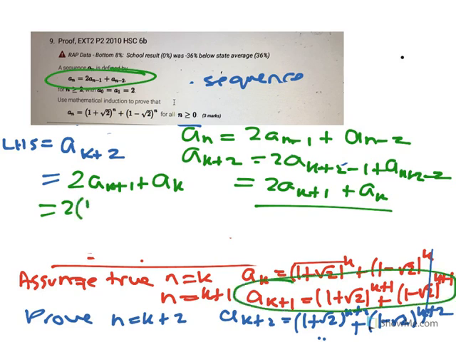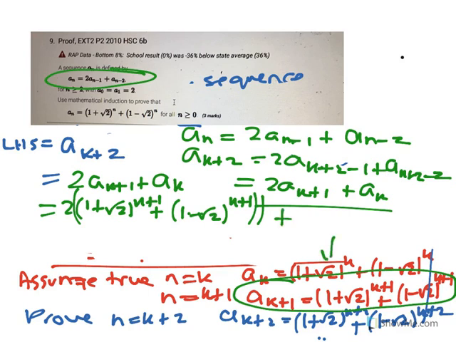So that's going to be 2 times (1 plus root 2) to the k plus 1 plus (1 minus root 2) to the k plus 1, plus then a_k, which is this one here, which is (1 plus root 2) to the k plus (1 minus root 2) to the k.